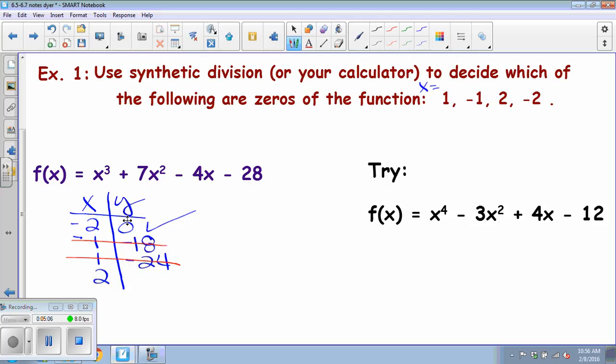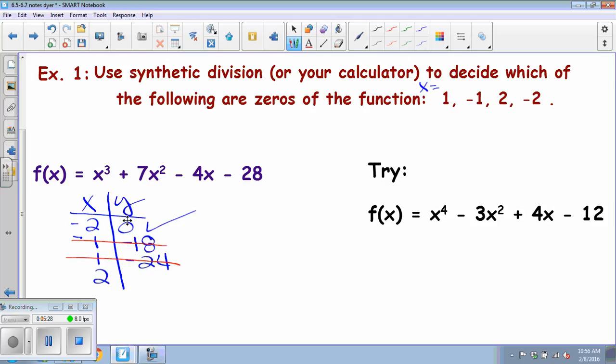So let me just tell you this. Think about this. If I did synthetic division with x equals -1, what's my remainder going to be? -18. That is the same thing as evaluating this function at that point. Just like y'all said, plug that in for x and see what y equals. That's what we're going to be doing tomorrow.